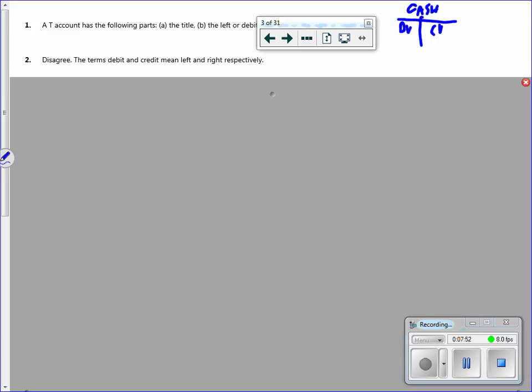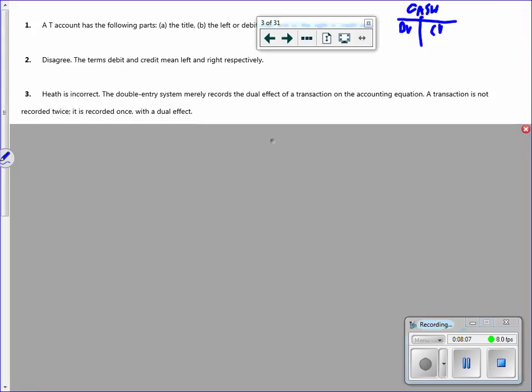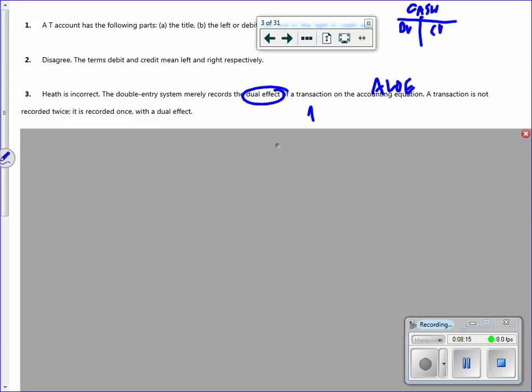Number 3, Heath Precourt, a fellow student, contends that the double entry system means each transaction must be recorded twice. Is he correct? Another disagree. The double entry means that there's a dual effect on all of them, meaning there's going to be at least 1 debit and 1 credit.